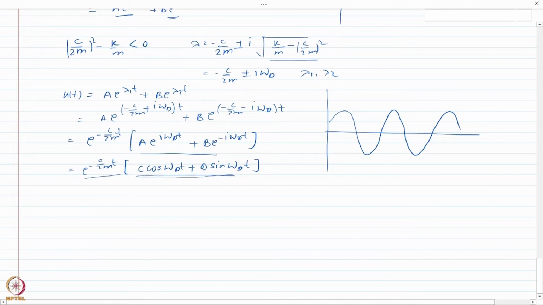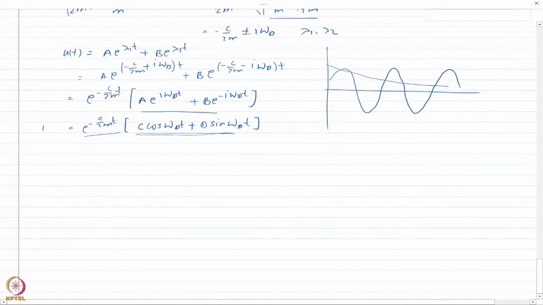So when you multiply it, the resultant function u(t) would look like this: a function which is decreasing in amplitude, but it's still harmonic. I should not say sinusoidal, but it's still harmonic.